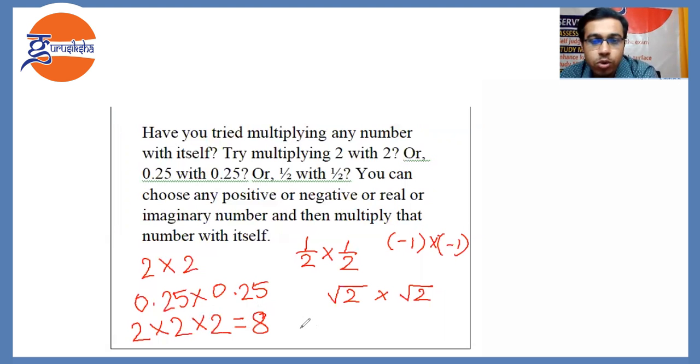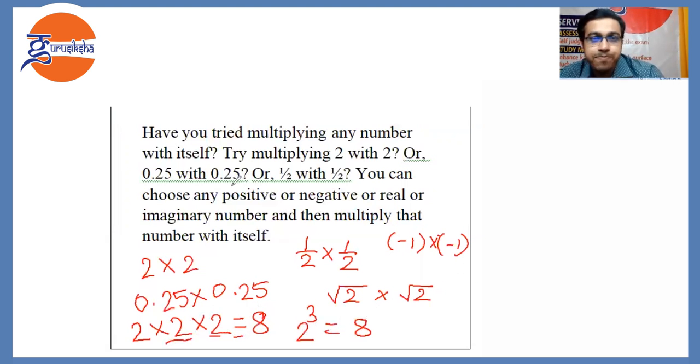So the cube of 2 is 8. How do we represent that? Because every time writing 2 into 2 into 2 can be a bit inconvenient, we can write 2 to the power 3, because there are 3 times 2. So 2 to the power 3, which is 8.